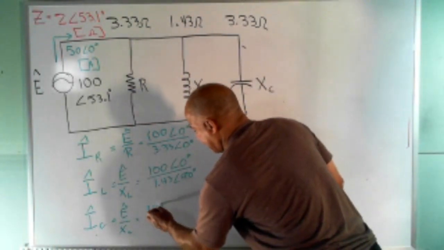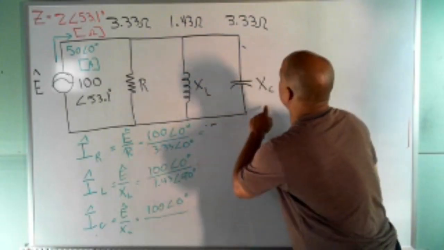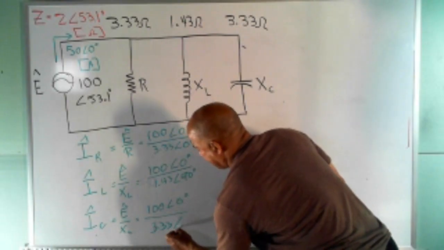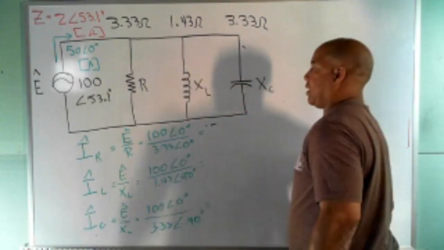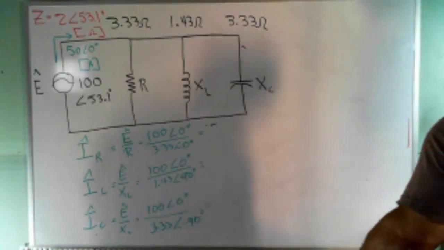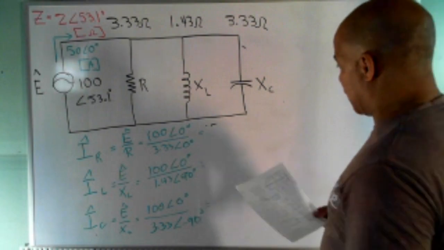And this is 100, and this is angle minus 90. So that should get us our currents in polar form. And if you do the math, I think I worked this out, so you check yours against mine to make sure I did it right.